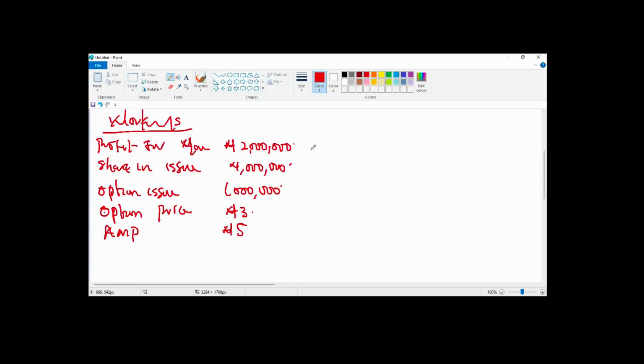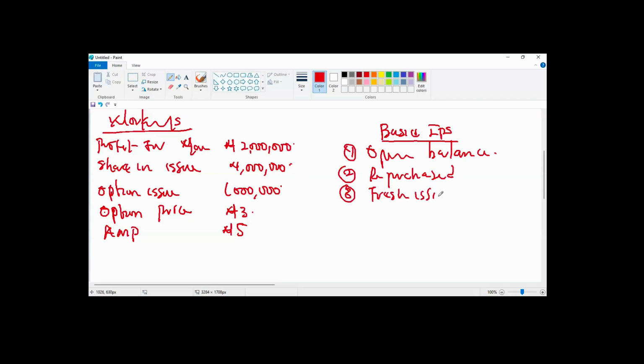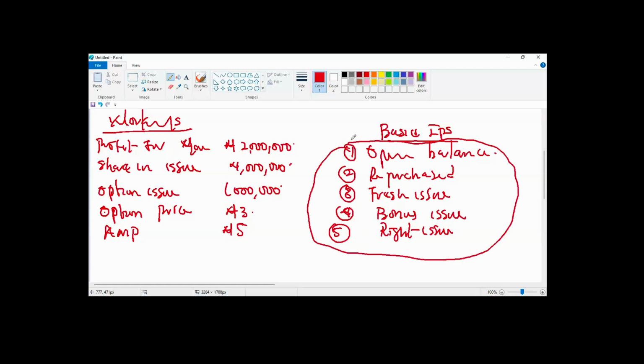Don't forget, what are the things that go for the basic EPS? One, opening balance, which is the shares in issue. Two, repurchase. Three, fresh issue. Four, bonus issue. Five, rights issue. Those are the things they majorly test for the basic.